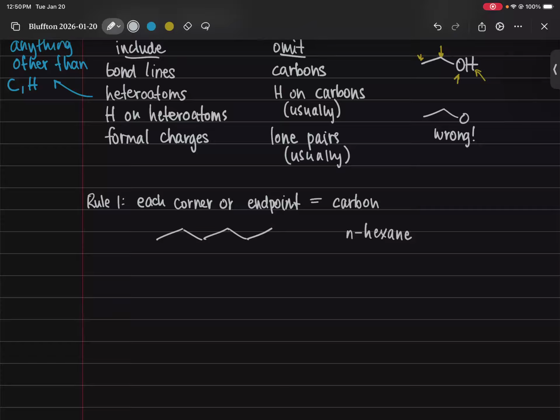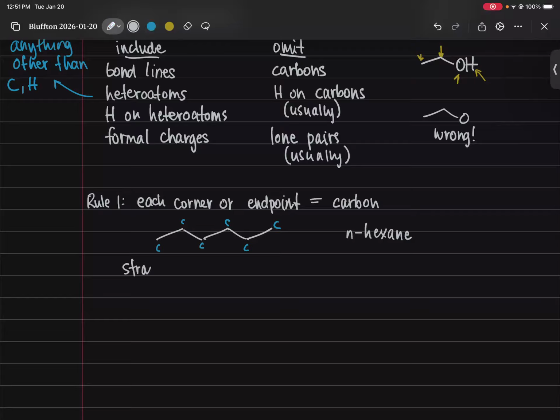So in hexane, that's a carbon, that's a carbon, that's a carbon, that's a carbon, that's a carbon, and that's a carbon. This is not standard notation to write the little C like that, but just for illustration purposes.